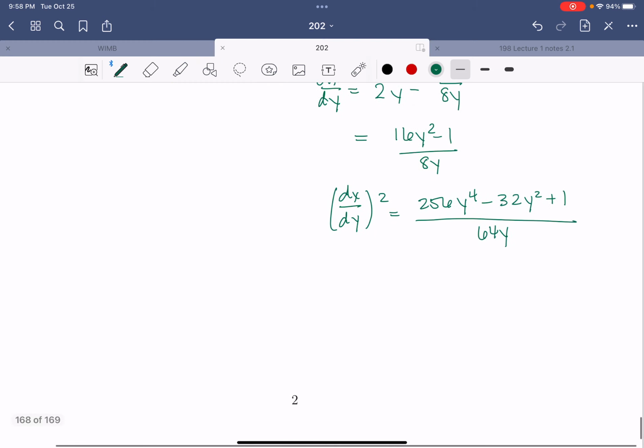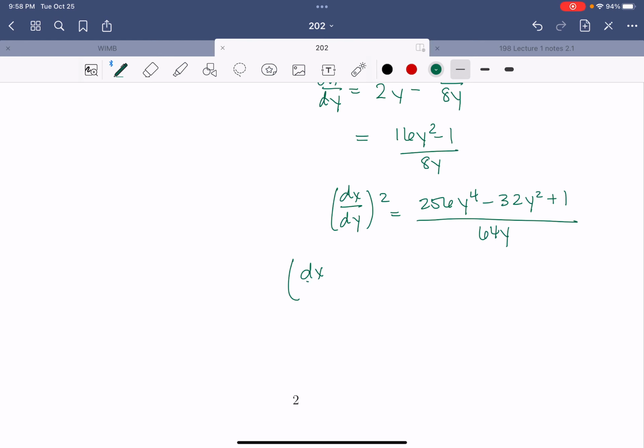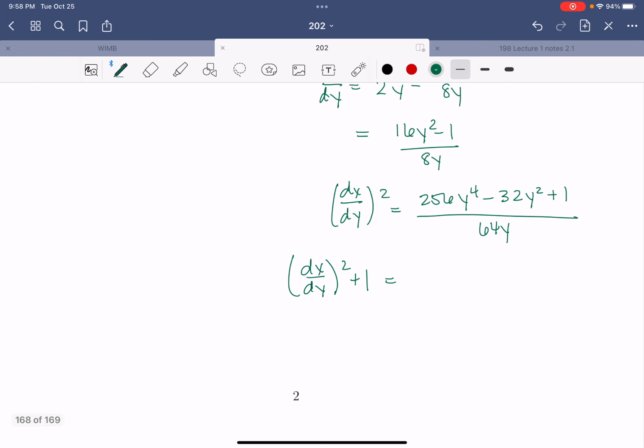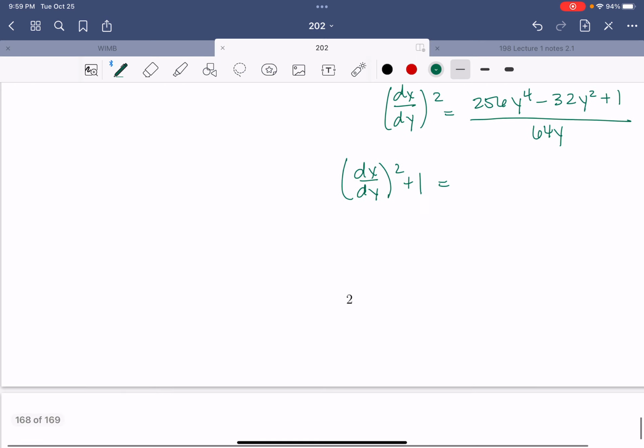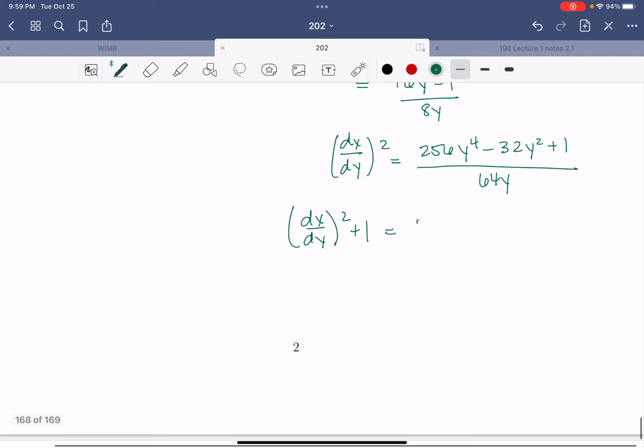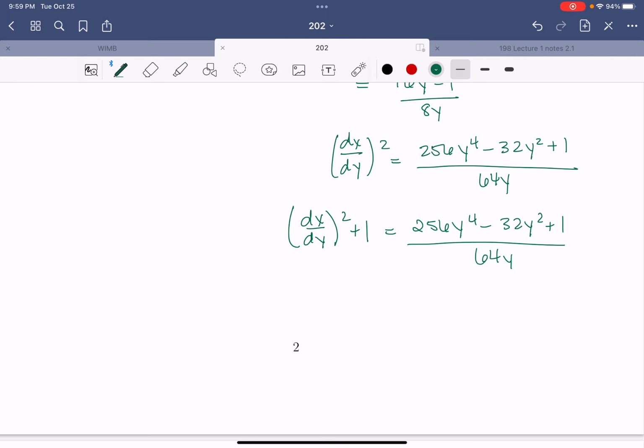And then I'm going to add 1 to that. So dx over dy squared plus 1. So I'm adding 1 to this. So 256 y to the 4th minus 32y squared plus 1 over 64y. And I'm adding 1, but I'm going to add it as 64y over 64y because I want common denominators.